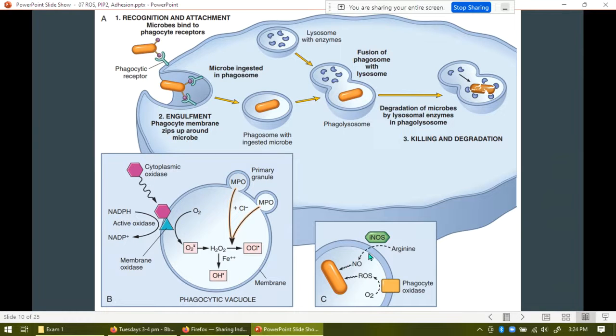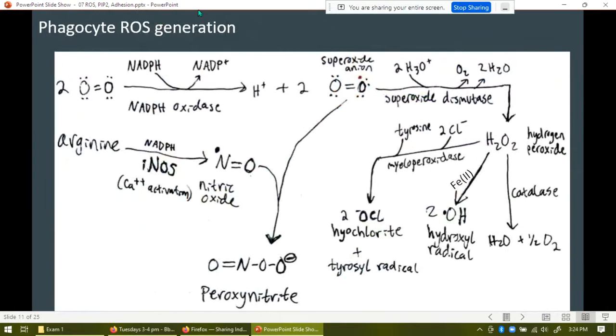So you call these reactive nitrogen species, right? Because they contain nitrogen. Altogether, we refer to these toxic components as reactive oxygen and nitrogen species, RONS. Okay. Most of them are oxygen-based, though. Only nitric oxide and another compound are nitrogen.